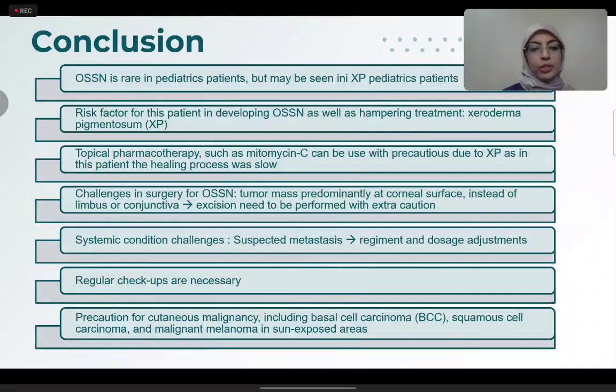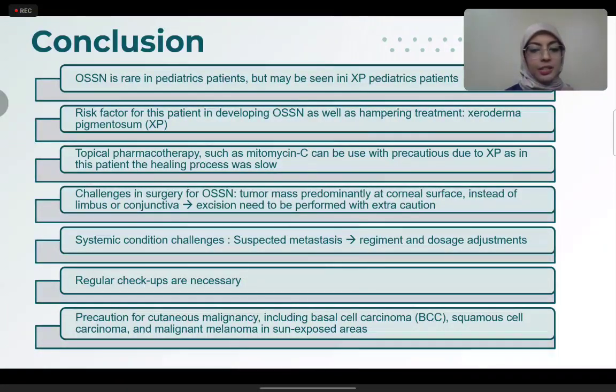Topical pharmacotherapy and chemotherapy are held in this patient, as this patient has a slow healing process. The challenge for the surgery in our patient is that the tumor mass predominantly occurs at the corneal surface instead of the limbus or the conjunctiva. So the excision needs to be performed with extra caution.